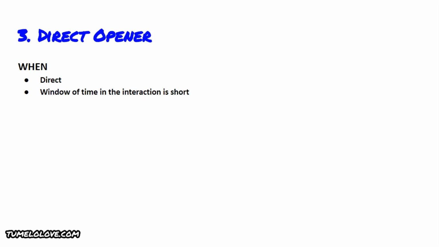And most importantly, you want to use this type of opener when the window of time in the interaction is short, when you can evaluate from the situation that you may not have enough time to speak to this girl, or she may not be in the situation that she's in right now for a long time.